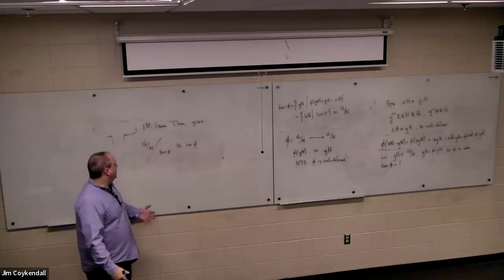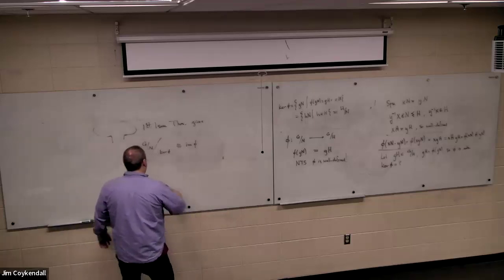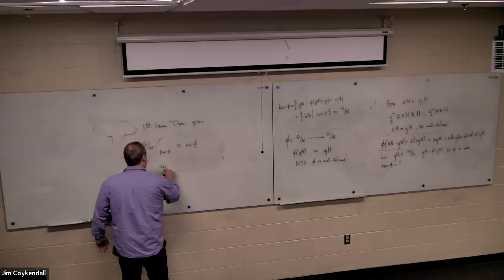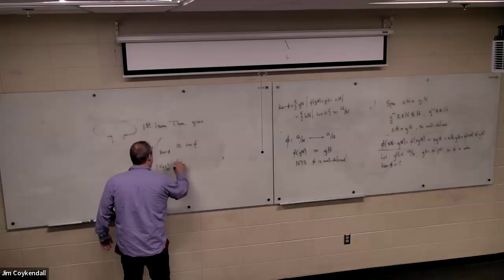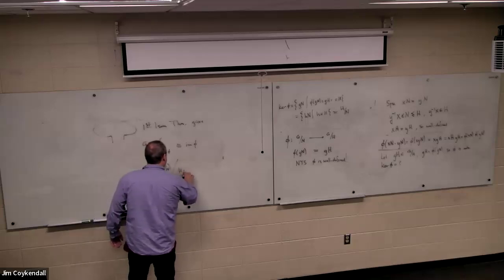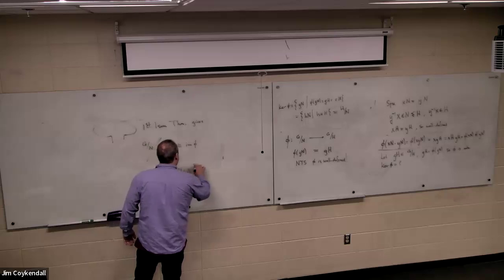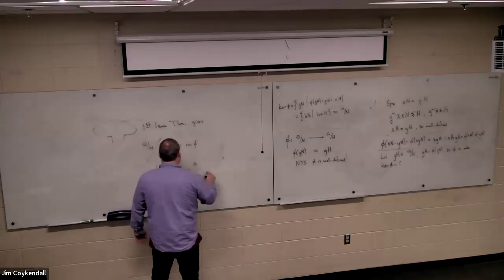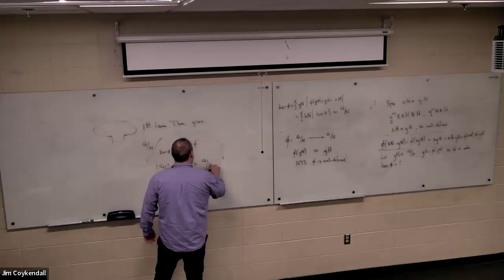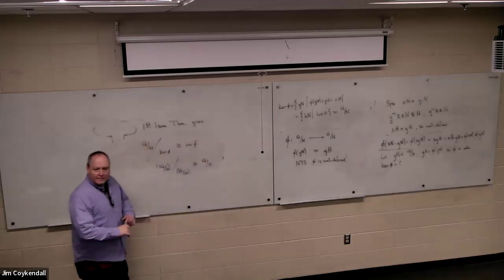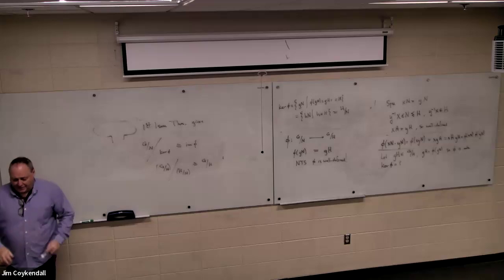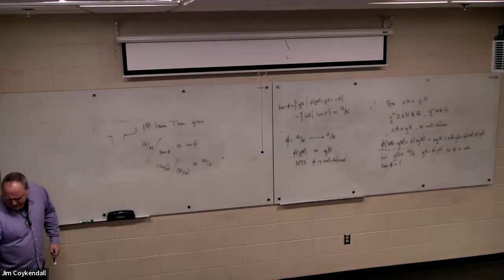Translating that for this particular thing that we went through, the kernel of phi was H mod n, and the image of phi, since it was all onto, is G mod H. That concludes the third isomorphism theorem.